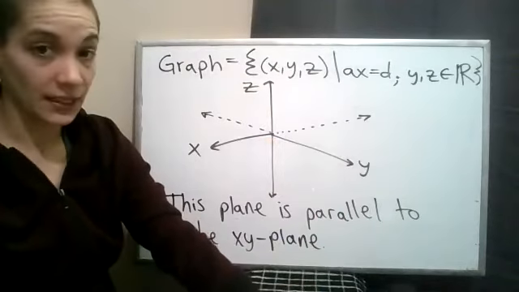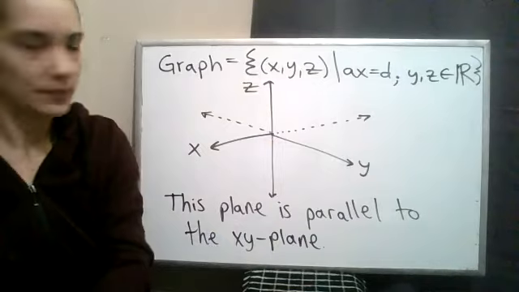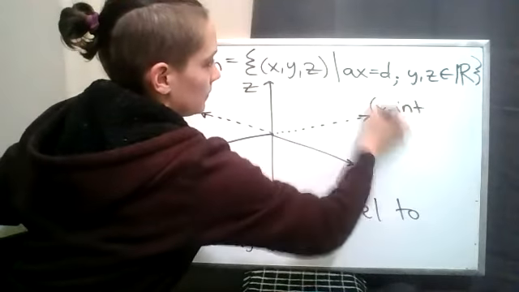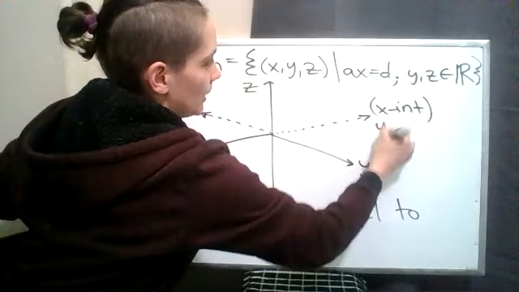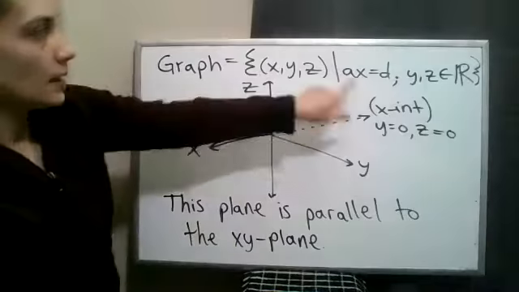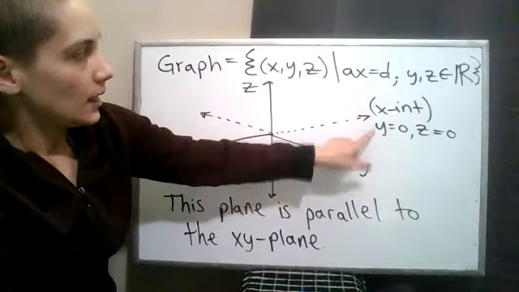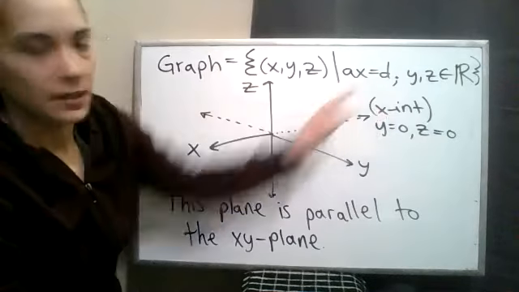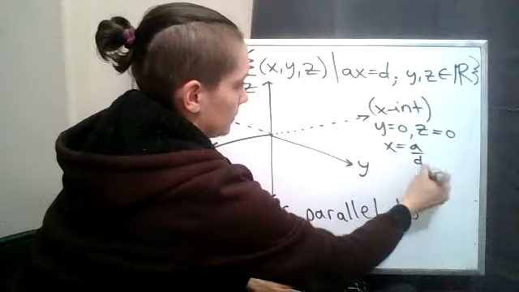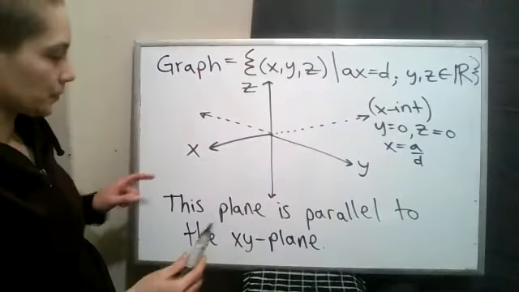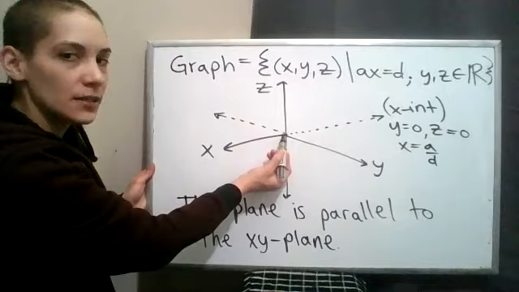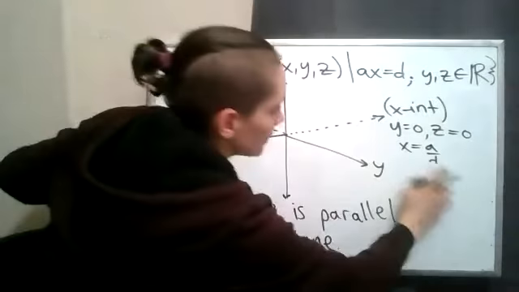So this would be called the x-intercept, where y equals 0, z equals 0, and x equals d over a. So we go to the x-axis to, let's call it, positive d over a.